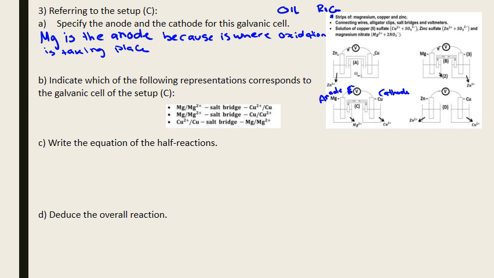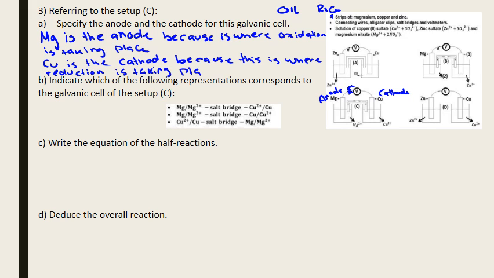And Cu is the cathode because this is where reduction is taking place.